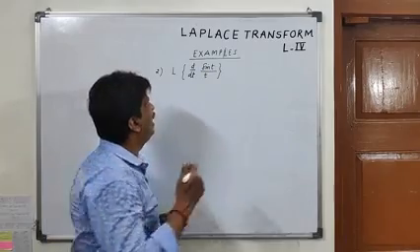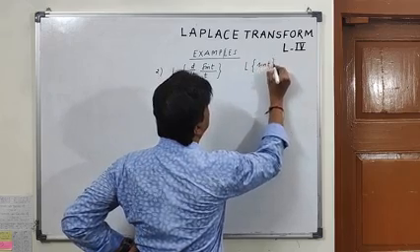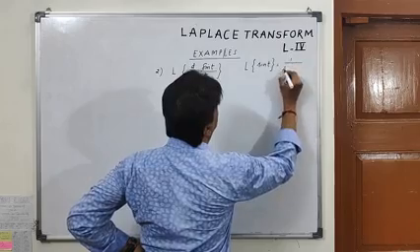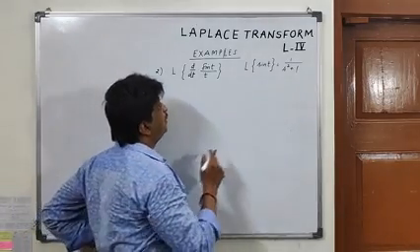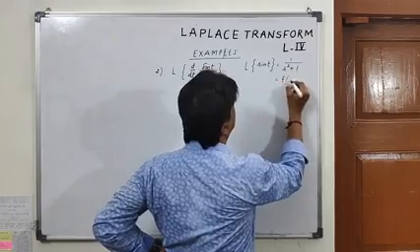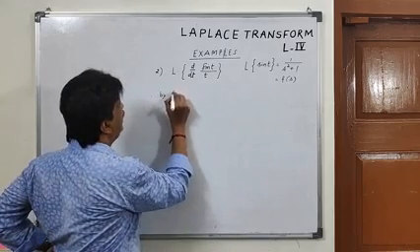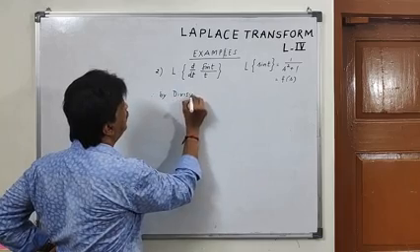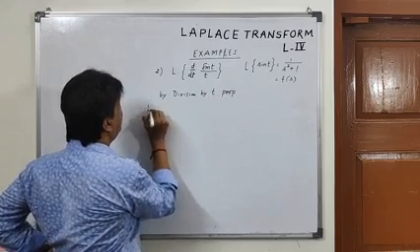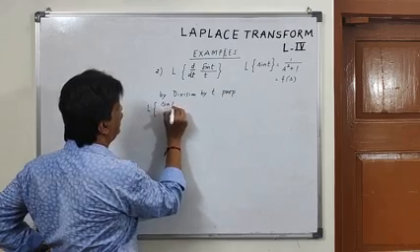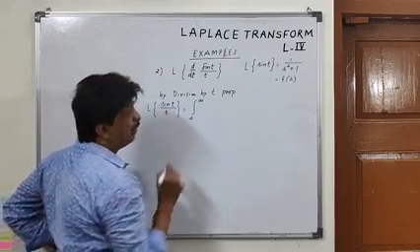Laplace transform of sine of t is 1 upon s square plus 1. This is F of s. Therefore, by the division by t property, the Laplace transform of sine of t by t, the property says, is the integral s to infinity F of s ds.